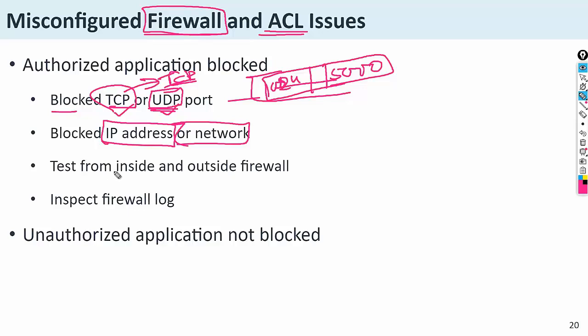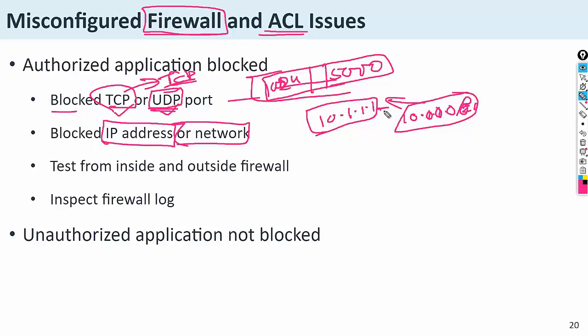You will have to check: you are trying to access 10.1.1.1, but on the firewall you have blocked 10.0.0.0/8, which means the complete network is blocked. If you are trying to access any website or any computer traffic generated from 10.1.1.1 and it is blocked, the service will not be available.